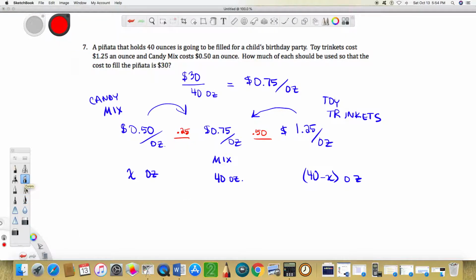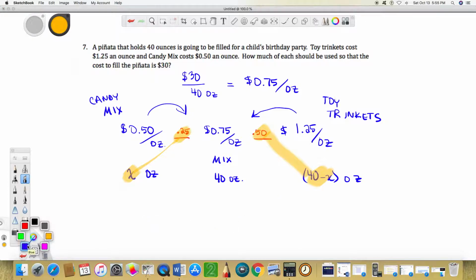All right, so let's set it up. We want to take this and multiply it by the amount, the weight times the distance, and the same over here, the weight and the distance of the 0.5.